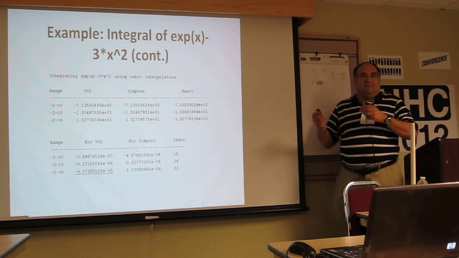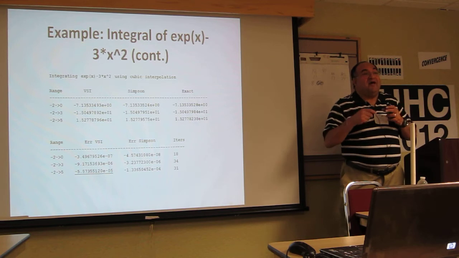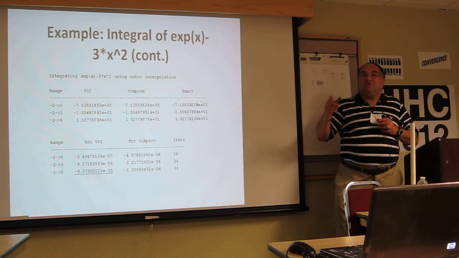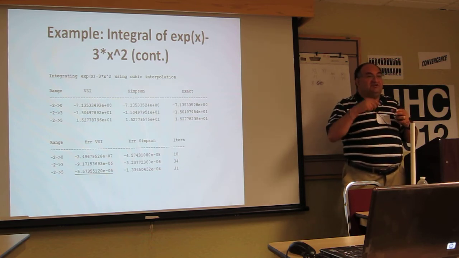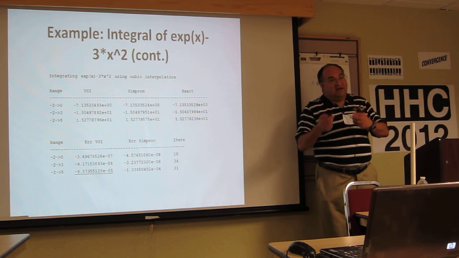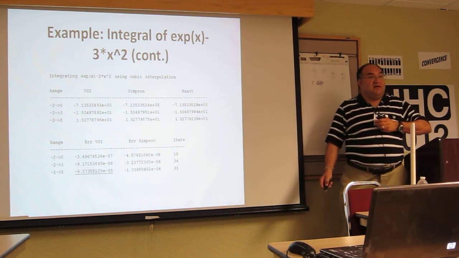Interestingly, I did more experimentation, and I noticed something. I don't have the explanation for it, I have a guess. When I did cases involving trigonometric functions, whether the integrated function is trigonometric or it yields a trigonometric integrand, Simpson always did better.